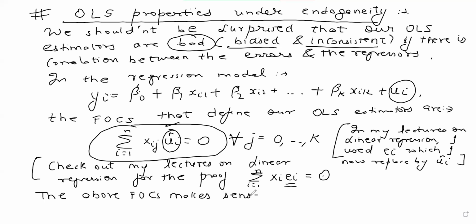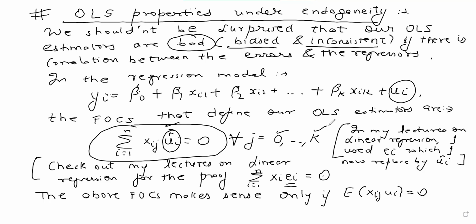only if the expected value of xij ui is equal to 0. Remember, i goes from 1 to n, but j goes from 0 to k. Okay, so students should not get confused. i denotes the ith observation.